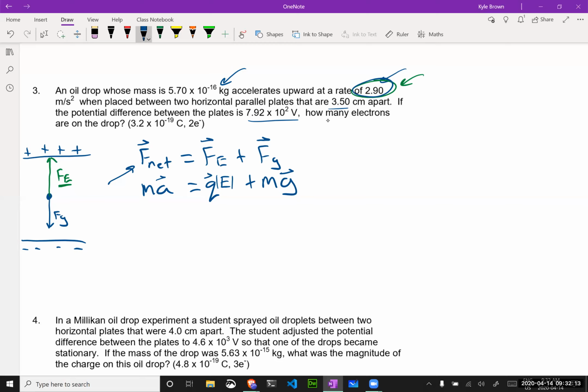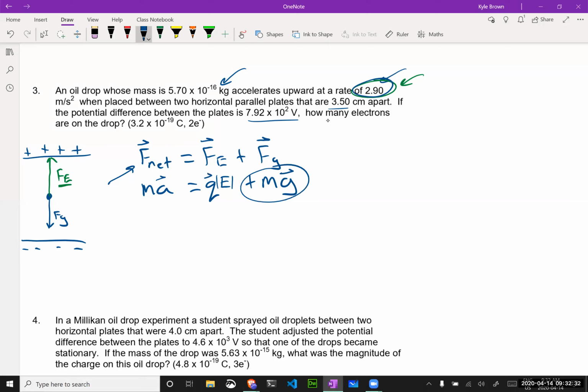So let's rearrange for Q. Yeah, let's do it that way. You could also put your numbers in. I know some of you guys like putting your numbers in, but I want to kind of get used to this too. So what I'm going to do is I'm going to subtract mg from both sides.